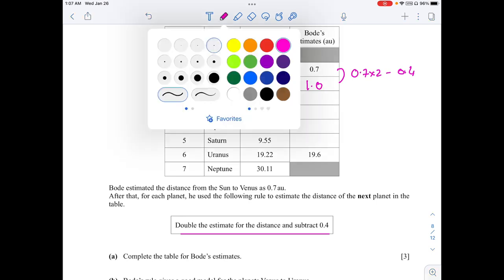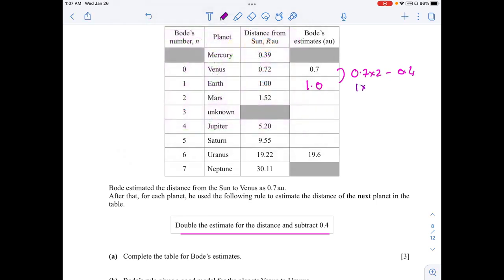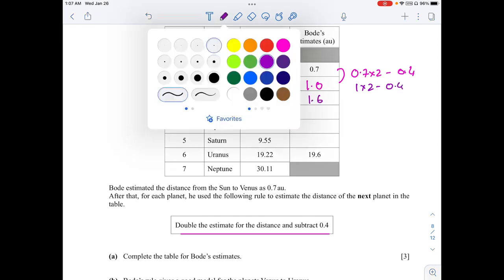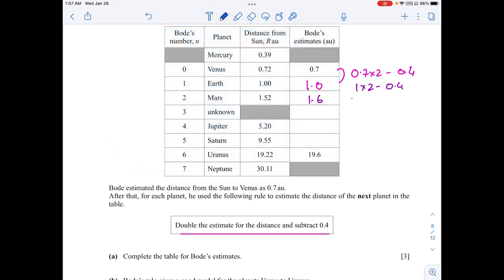Next one, to get the next one, multiply 1 times 2 minus 0.4, which gives me 1.6. Now for the next one, 1.6 times 2 minus 0.4, which gives 3.2 minus 0.4 is 2.8.